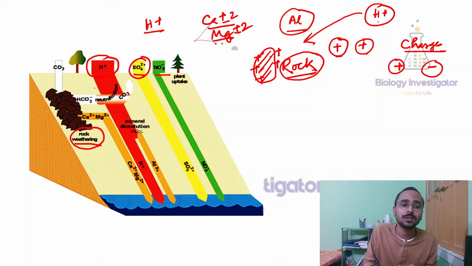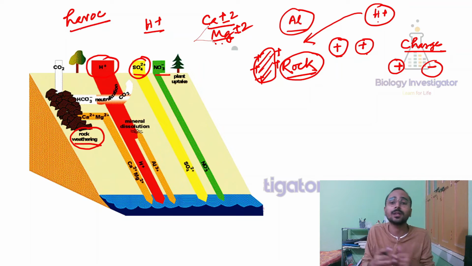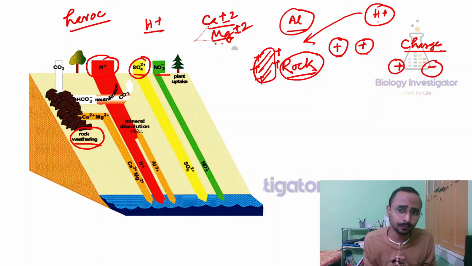So H plus will be deposited in large amounts, তারা অনেক বেশি পরিমাণে এসে মিশবে। And this H plus is very strong positive, okay.